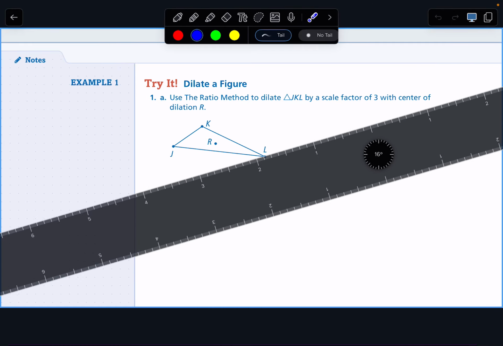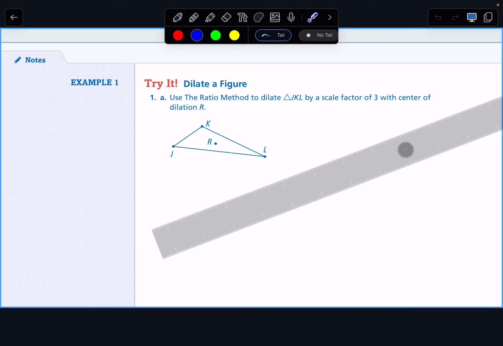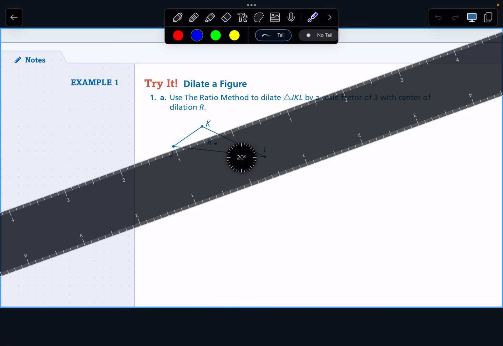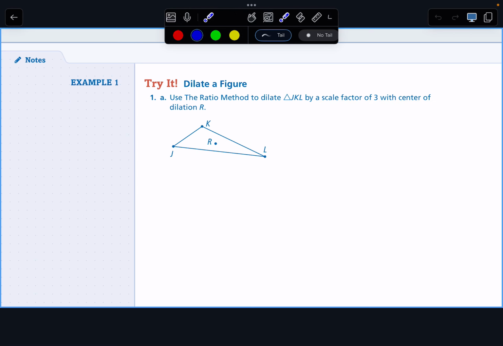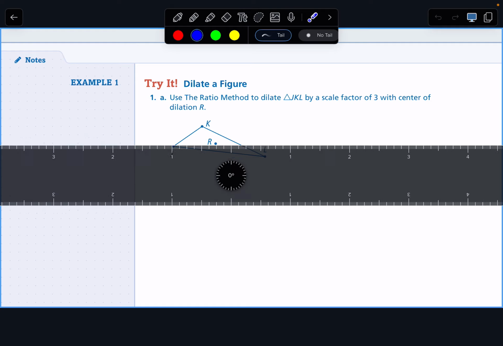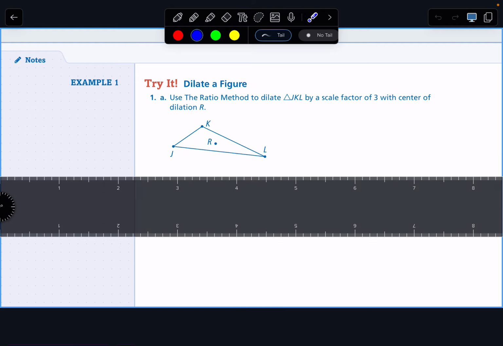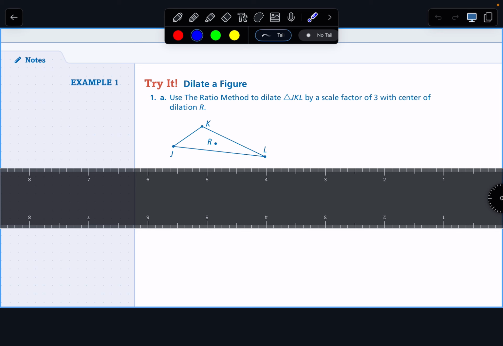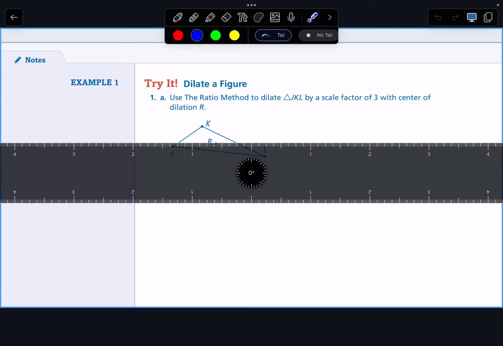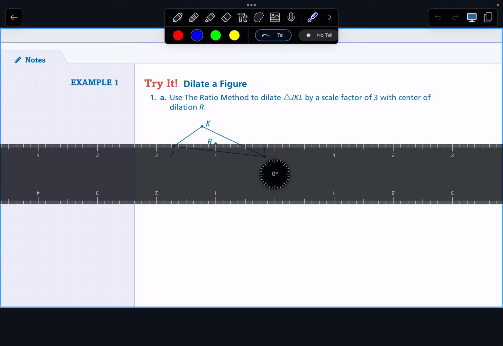All right. What if I want, okay. So, this, what? I'm trying here, guys. I've never used this. Okay, so I am going to put my ruler.